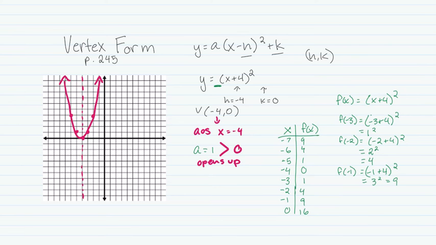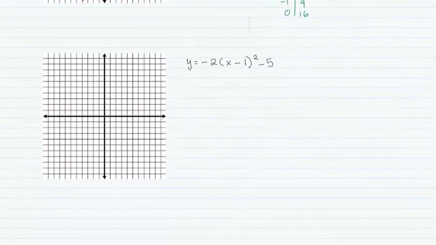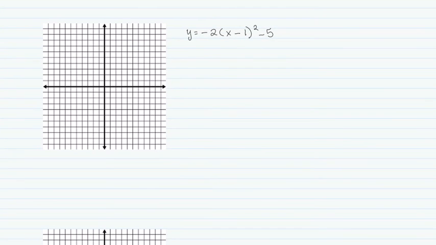I'm going to walk through another example that does have a different a and also has a k. So example number 2. I'm going to identify my parts here. a equals negative 2. That's going to tell me something. h equals a positive 1, and k equals negative 5.